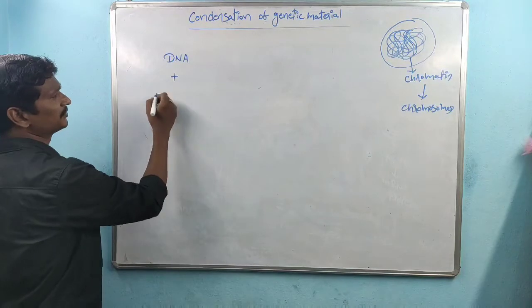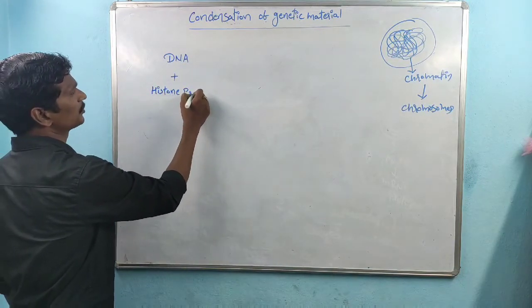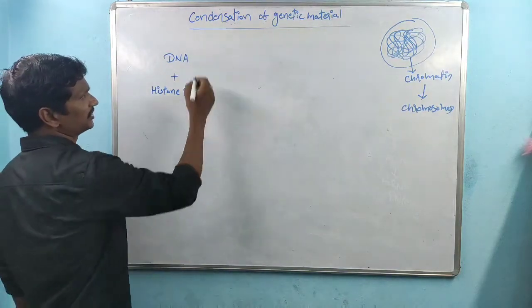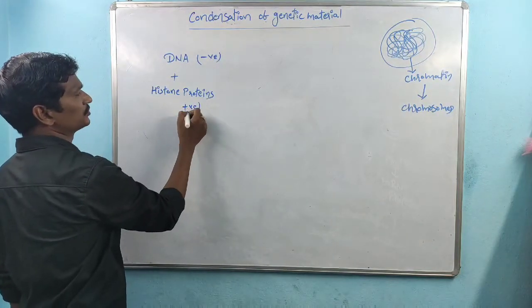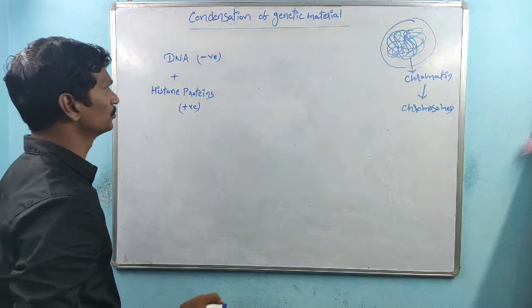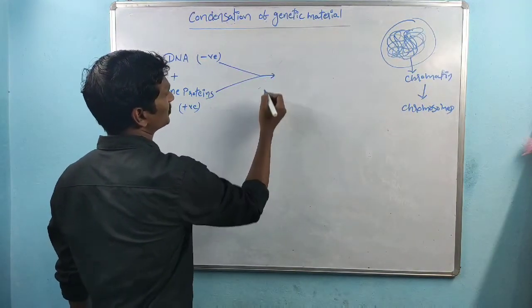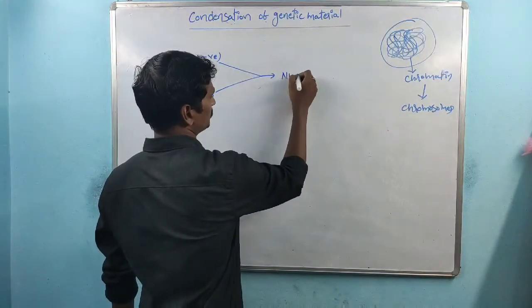The DNA interacts with the histone proteins. So how does the interaction take place? We already discussed that DNA has a negative charge and histone proteins have a positive charge. So between these two, an interaction takes place, and that interaction supports the formation of nucleosome structures.